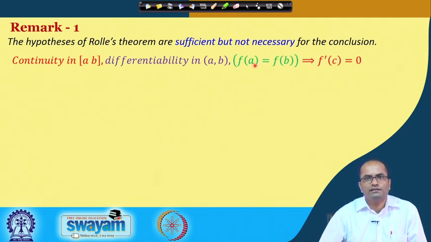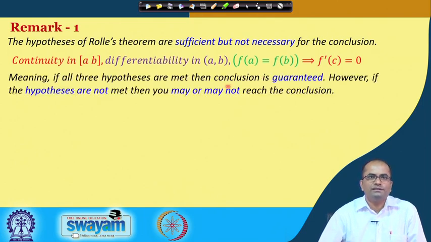So, these conditions are sufficient, meaning that all these three conditions imply that f'(c) is equal to 0, but not the other way around: f'(c) equal to 0 does not imply that the function will be continuous, differentiable, and will take equal values at some points a and b.